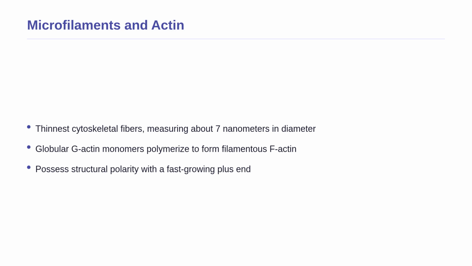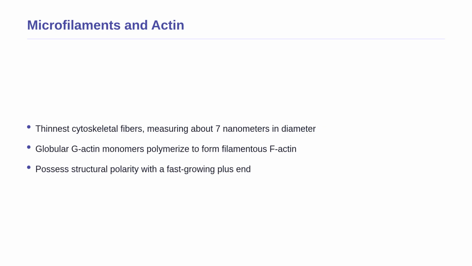Now that we understand what the cytoskeleton does broadly, let us look at its thinnest components, microfilaments. Measuring just 7 nanometers in diameter, you can think of them as a twisted pair of beaded necklaces. Each bead is a globular protein called G-actin, which snaps together to form a long filament known as F-actin.